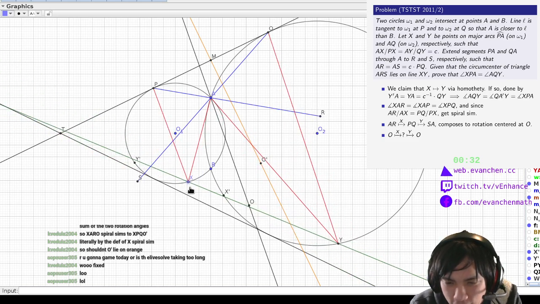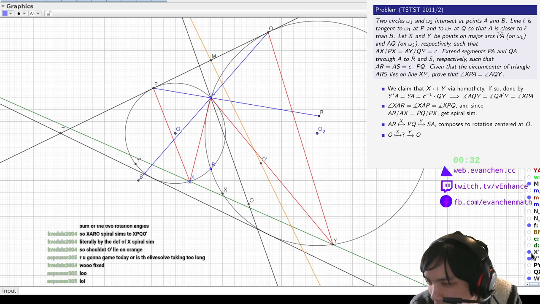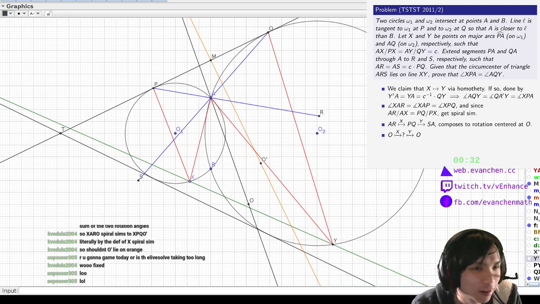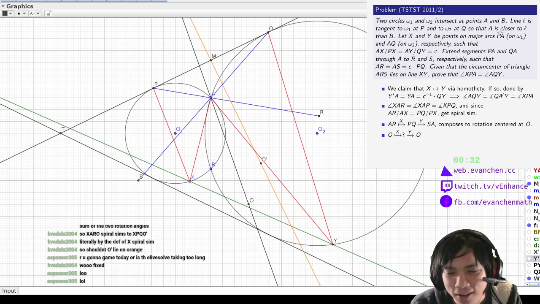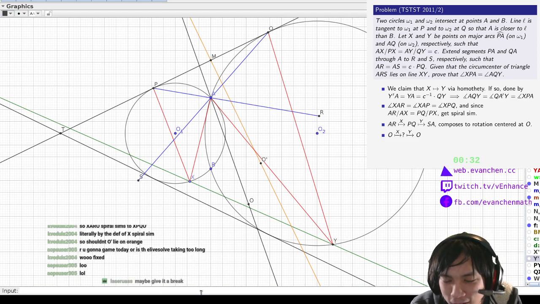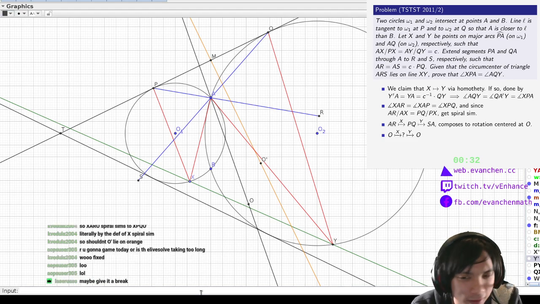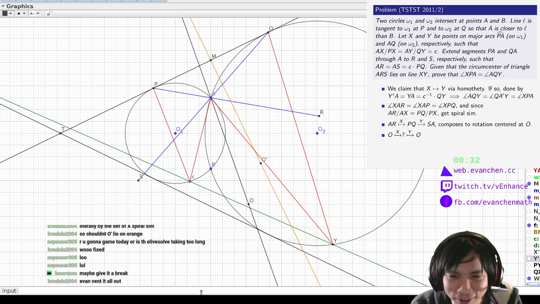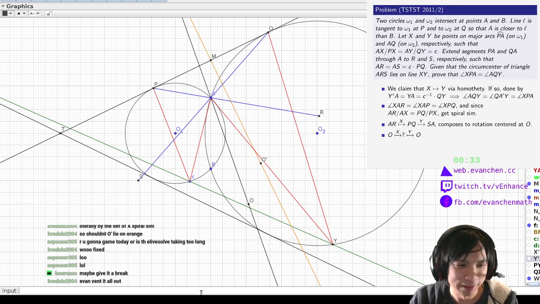I'm so annoyed. I don't think I need X-Prime and Y-Prime anymore. No, we're almost done. I feel like we're almost done because I got the spiral sim composition. That's the part that I was missing. I was supposed to compose the spiral sims. Whenever this happens, it never feels natural to me.